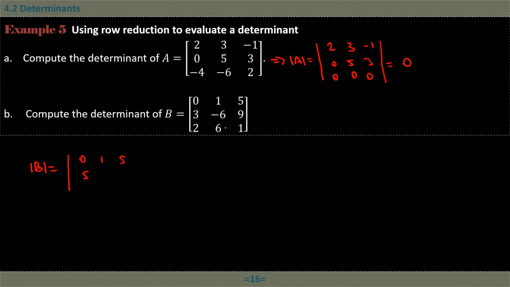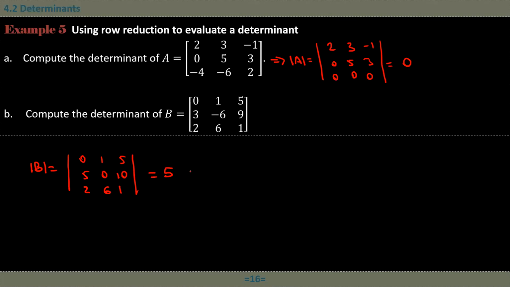Here we have 5, 6 plus negative 6 is 0, and 1 plus 9 is 10. And here we have 2, 6, 1. So now, as you see in the second row, 5 is a common factor, I can just take this out.